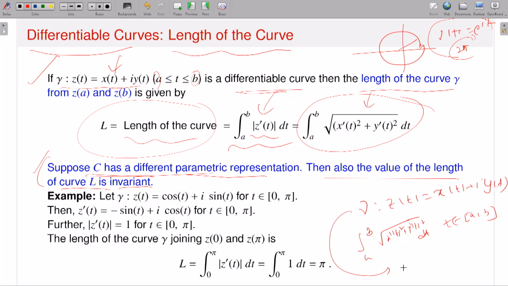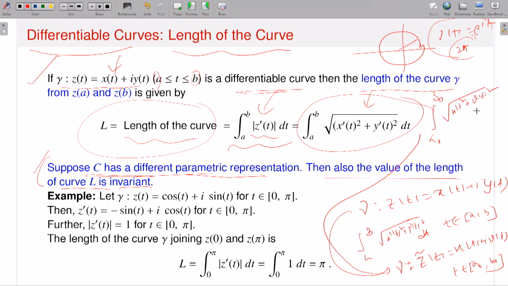Suppose gamma has another parameterization, let it be z twiddle of t, equal to u(t) plus i v(t), and say t runs from a naught to b naught. Then by the same definition, the length of the curve gamma is the integral from a naught to b naught of the square root of u prime of t square plus v prime of t square dt.